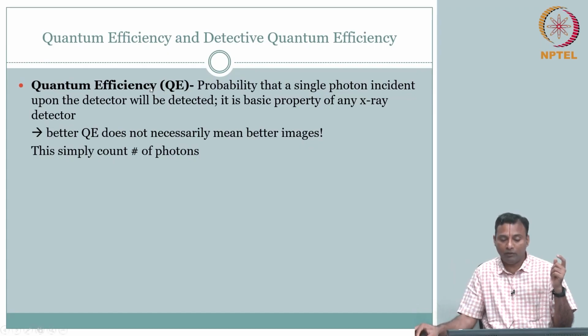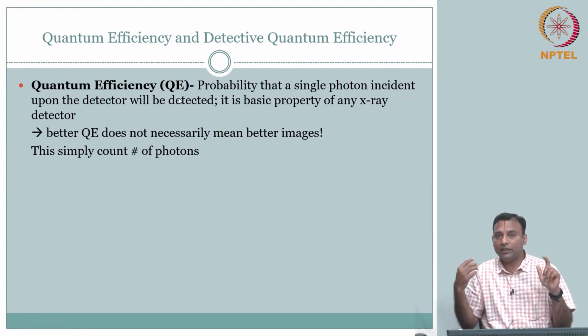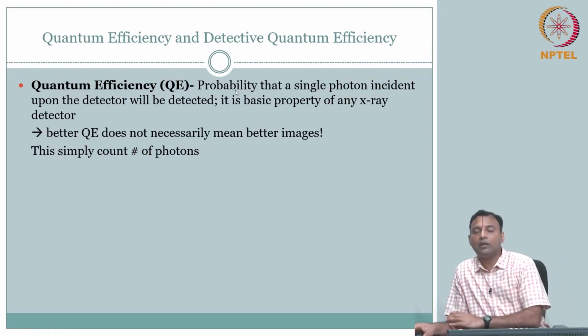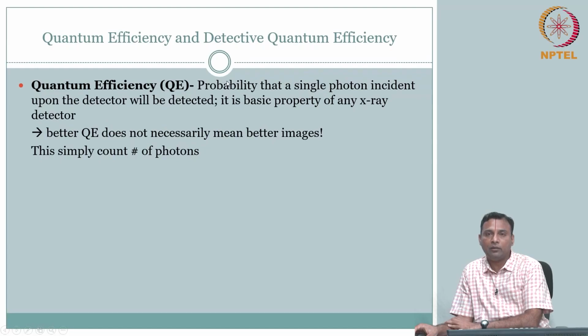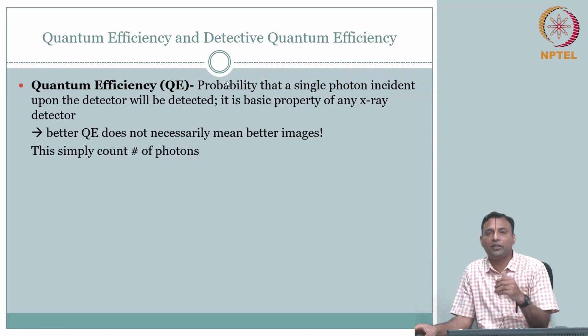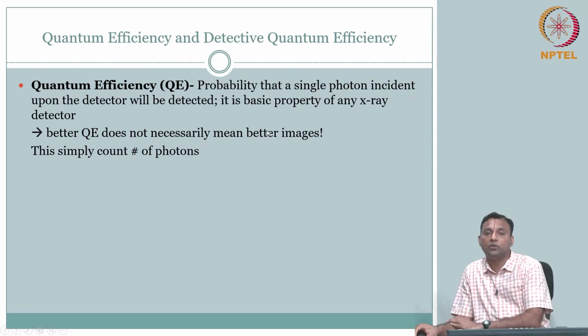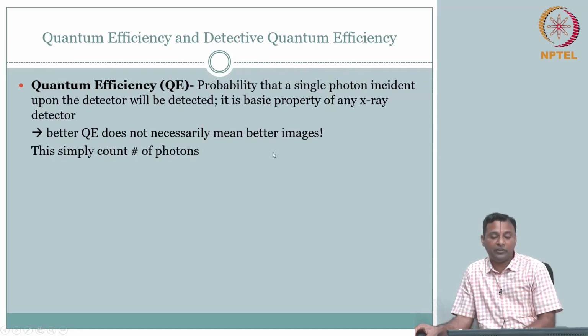Its ability to convert, this probability might be true, but there is a randomness when you do multiple measurements, and the fluctuation could be a problem. So even though the QEs could be the same, I would rather go for the material or the vendor with less fluctuations. What you see in the image as noise is because of this fluctuation. So the QE does not necessarily translate to better images.